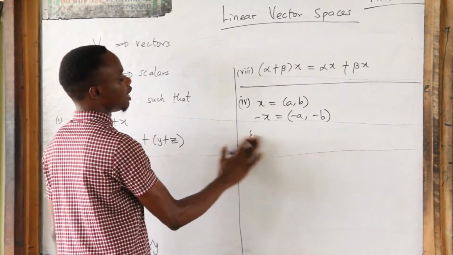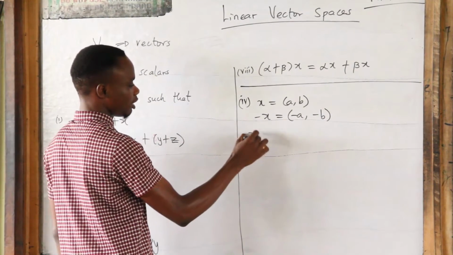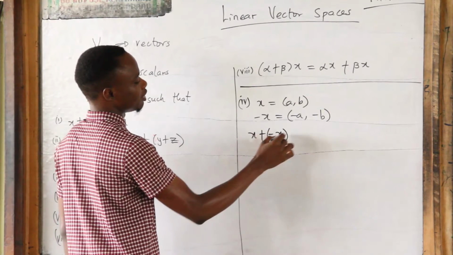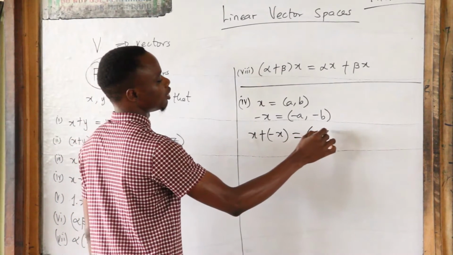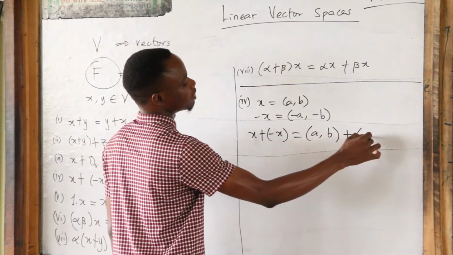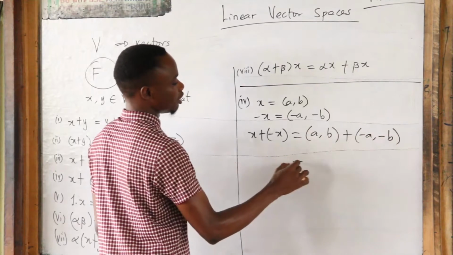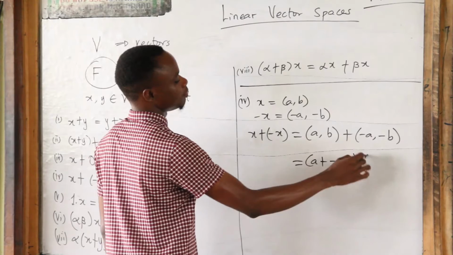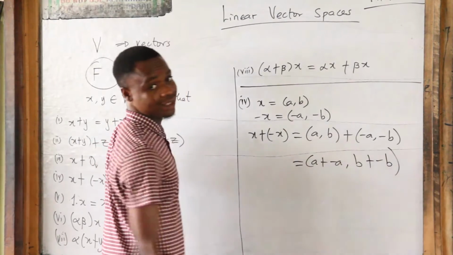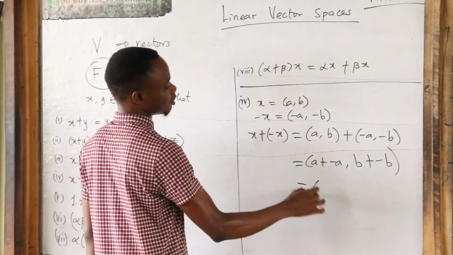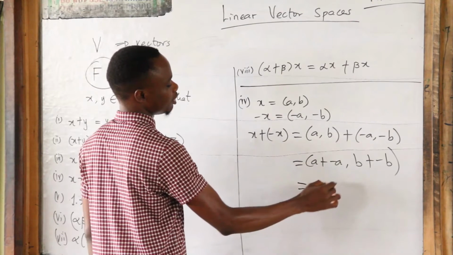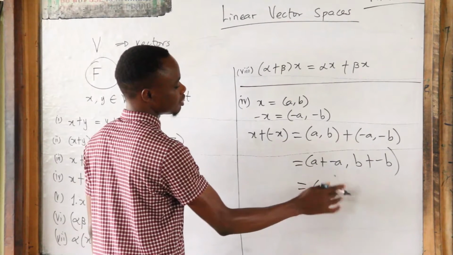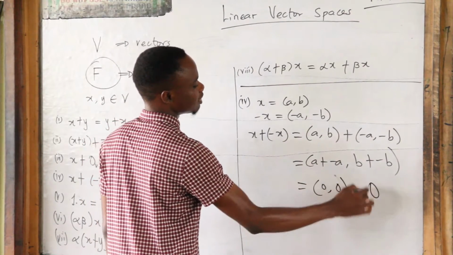So if I do x plus minus x, that's going to be equal to (a, b) plus (minus a, minus b). That is going to be (a plus minus a, b plus minus b). Does it make sense? So basically, we are going to have (a minus a, b minus b), which is (0, 0), the same thing as the 0 element.